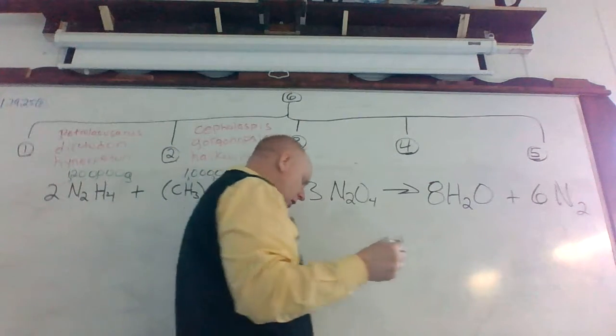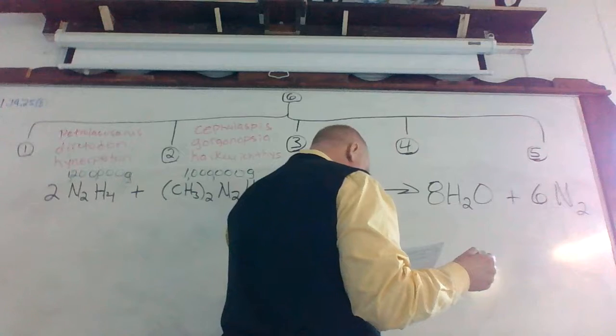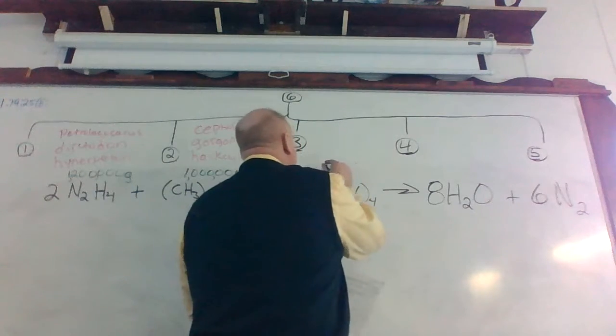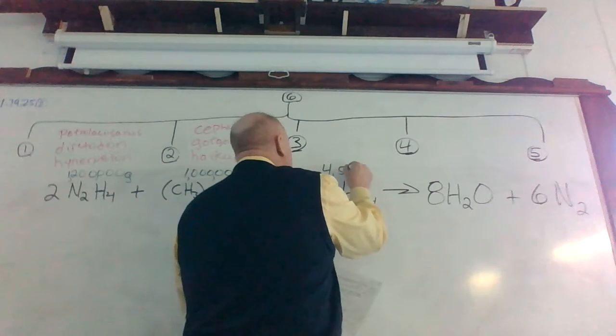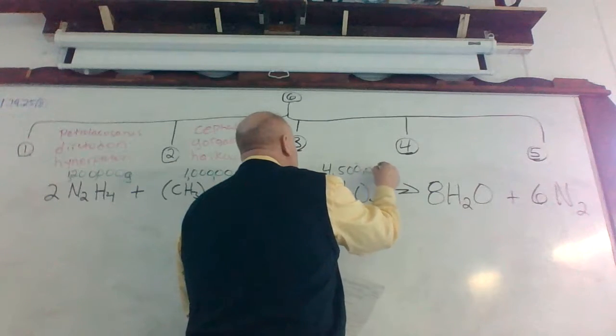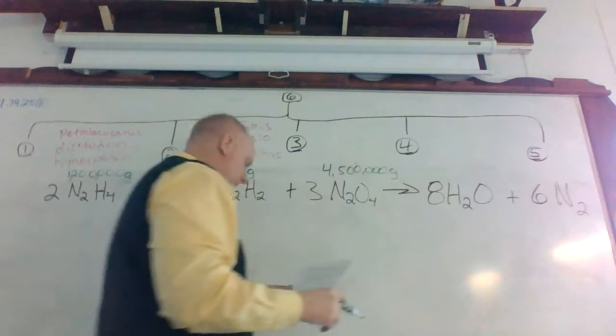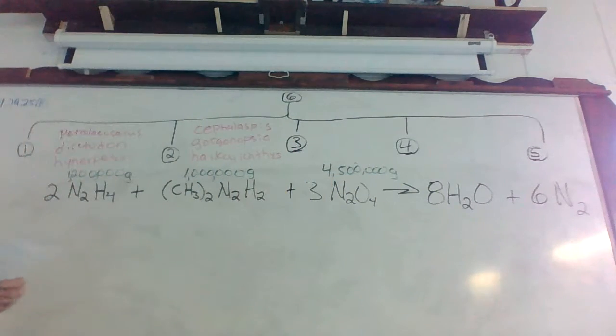And then we've got 4.5 million grams of that final substance there. So you correctly said the very first thing you're going to do is change these to moles. So let's go ahead and proceed doing that.